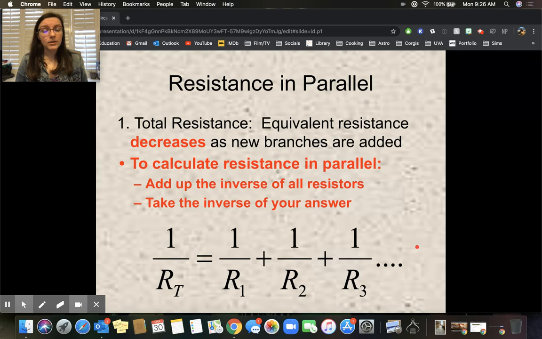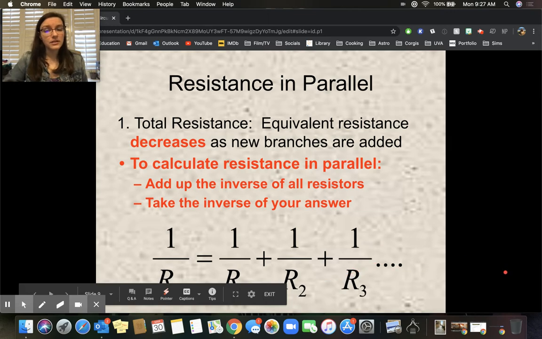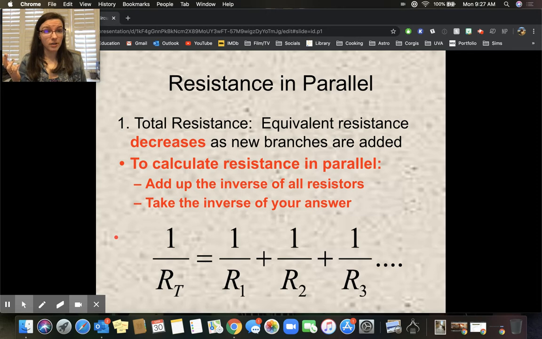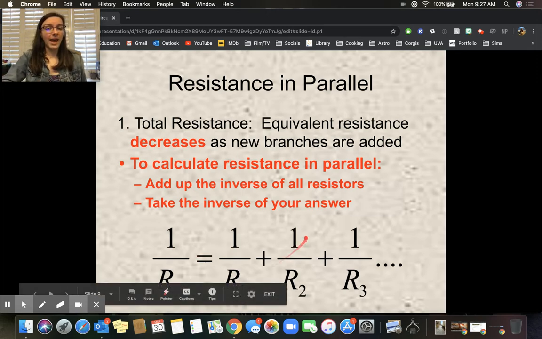So in order to calculate the total or equivalent resistance in parallel, you would add up the inverse of all of your resistors and then take the inverse again to have this RT by itself. So if R1, R2, and R3 were all 2, then I would have 1/2 plus 1/2 plus 1/2 to have 3 halves.